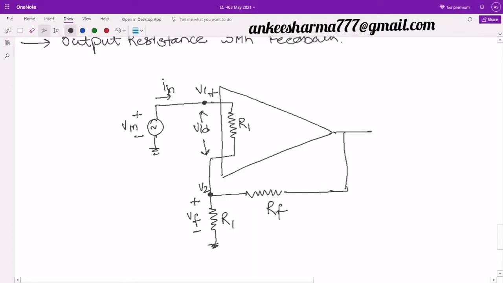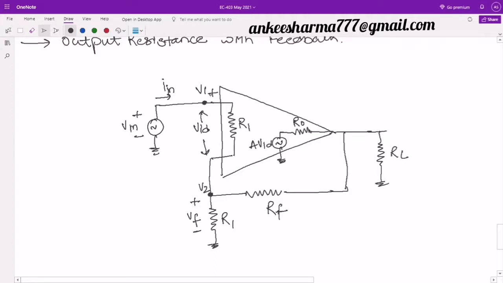Now in the output circuitry, what did we have? Let me first make it: RL was there, right? And if I draw this equivalent circuit also, this was my R0 without feedback, and we had a voltage source over here which was connected to ground, and the value of this voltage source was A into VID. We all know these things. This is the equivalent circuit.